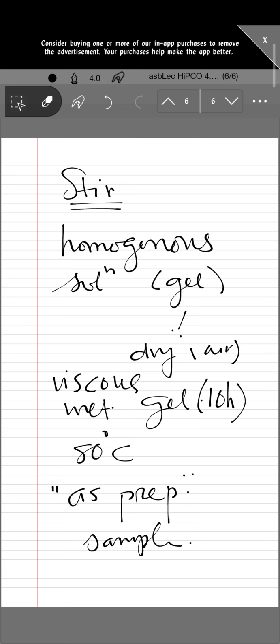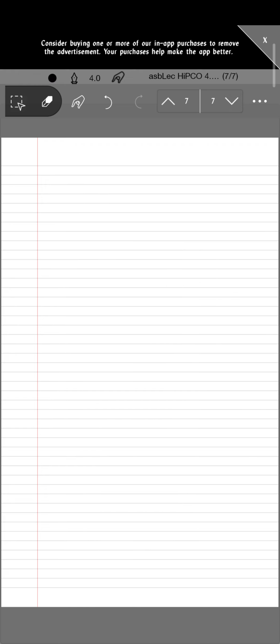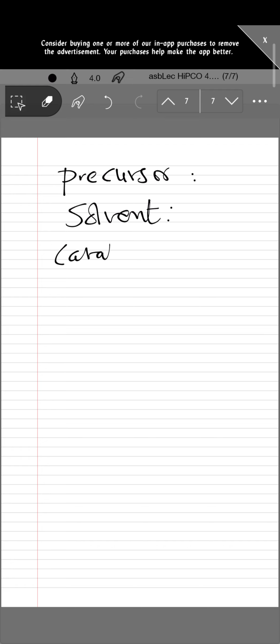And the ratio of the different ingredients, I mean the ratio of the precursor to solvent, to the catalyst, and water, is very important.